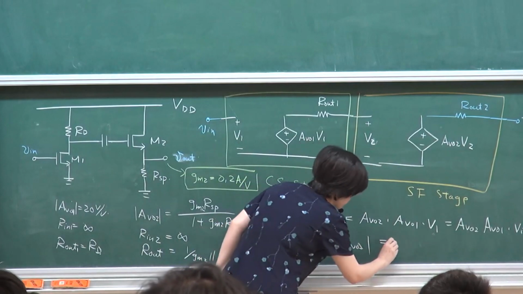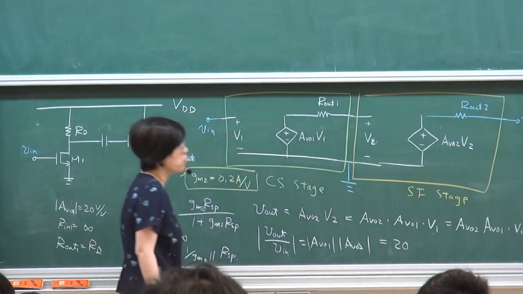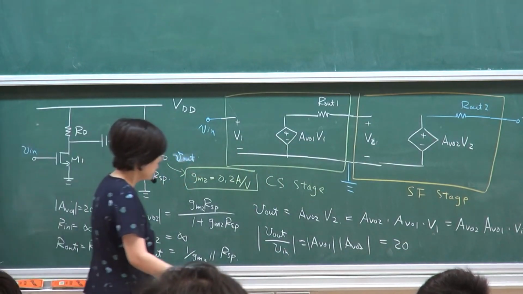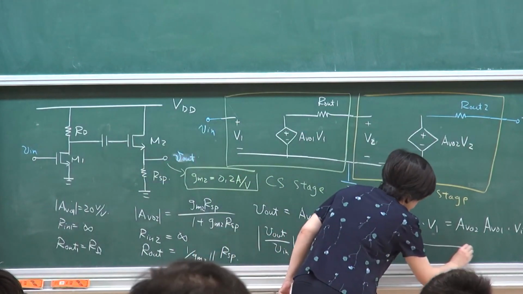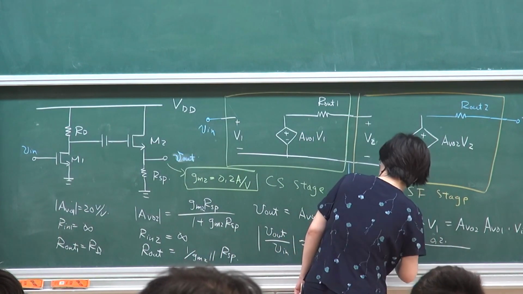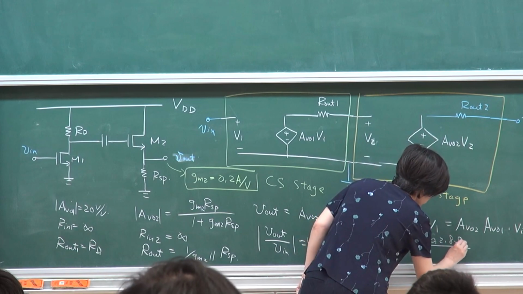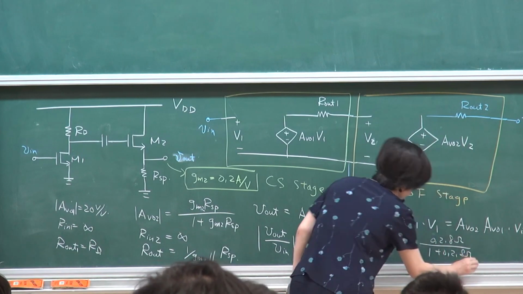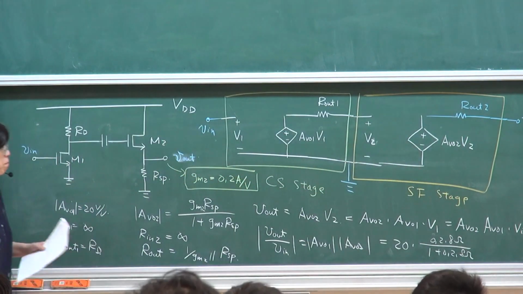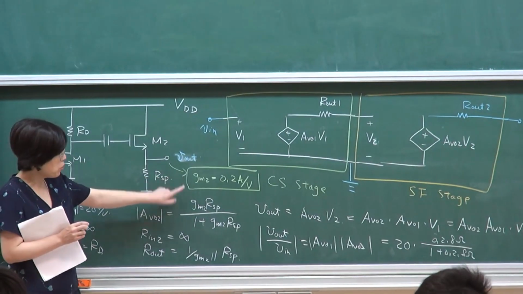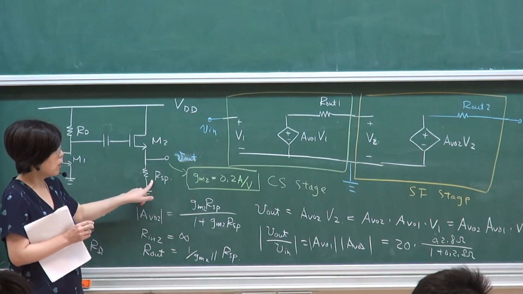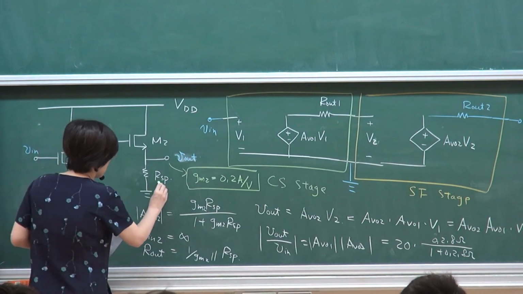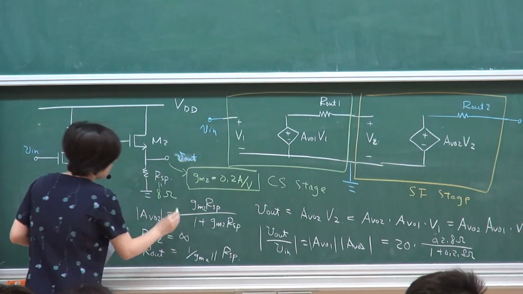I already know that my initial common source stage is designed as 20, and this will be 0.2 times 8 ohm over 1 plus 0.2 times 8. Okay? So you can simply insert GM2 into here, given that my VSP is AM.